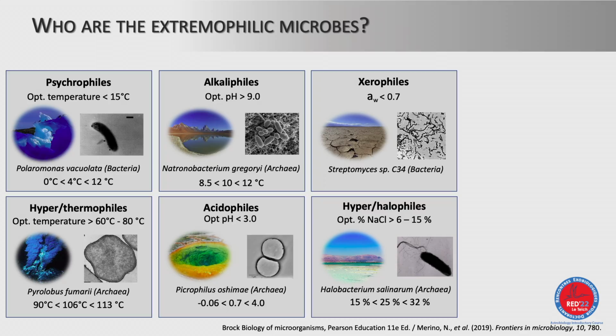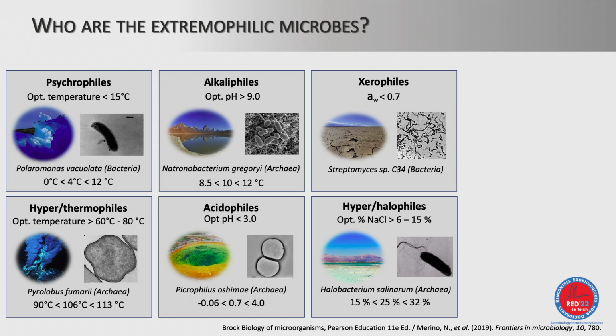Considering the water activity, we have the xerophiles. Those microorganisms can grow in really, really dry conditions without any water. You have Streptomyces here. And you can also find those organisms in really high sugar concentration.